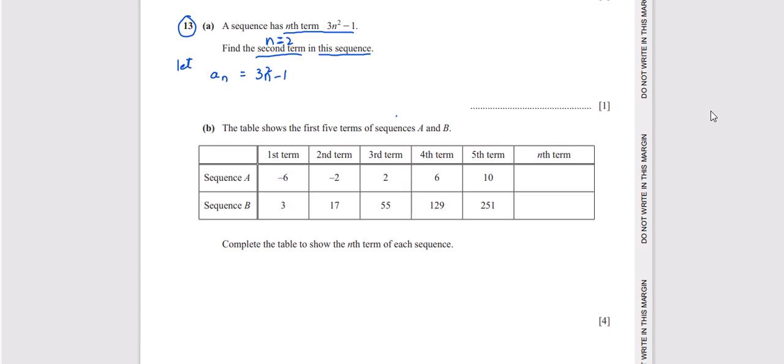Putting n is equal to 2, a2 is equal to 3 into 2 raised to the power 2, minus 1. 2 squared is 4, 4 multiplied by 3 is 12, 12 minus 1 is equal to 11. So the second term is equal to 11. So the final answer is 11.